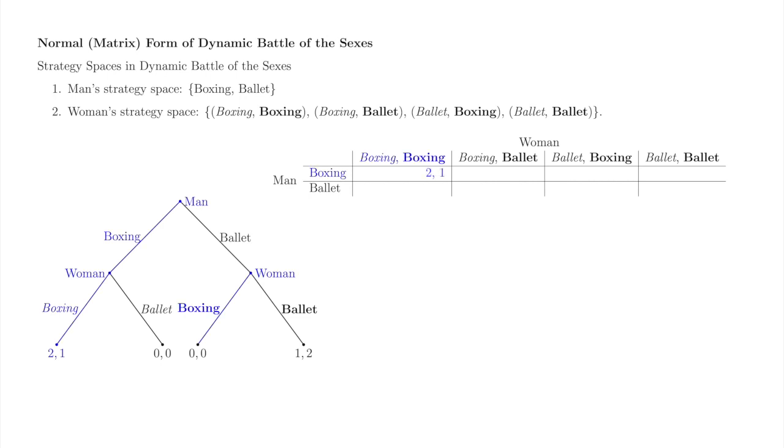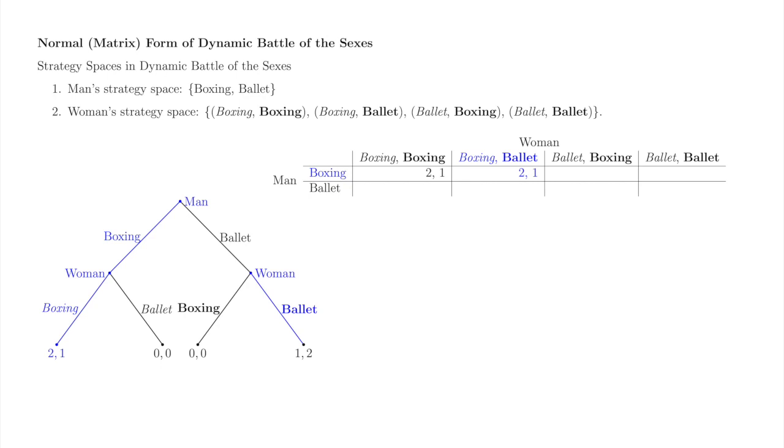In the top row, the man plays boxing, so the italicized action in the woman's strategy is the one on the path of play, and the bold action is not. The man goes boxing, the woman follows him to boxing, and payoffs are 2 and 1 respectively. The woman's strategy has changed from the previous slide, but the induced path of play has not.